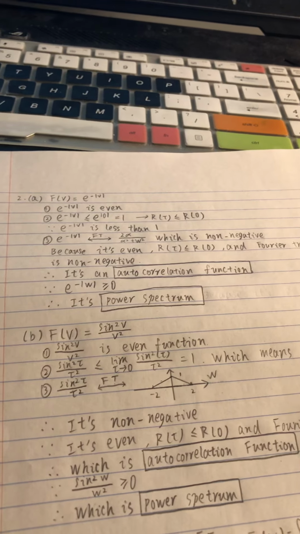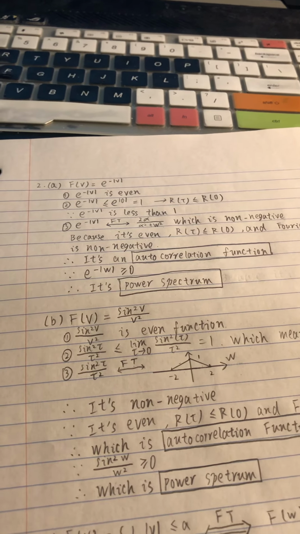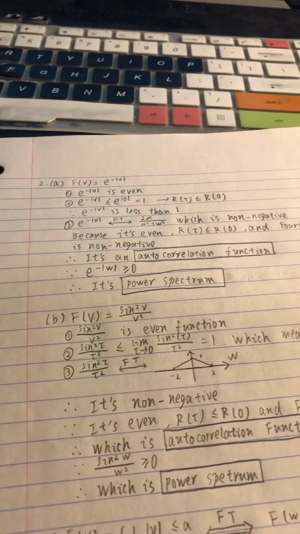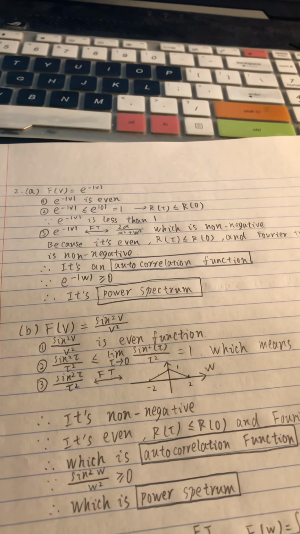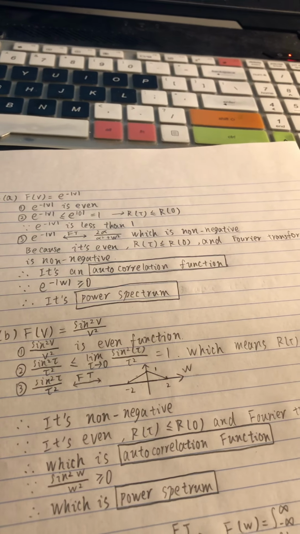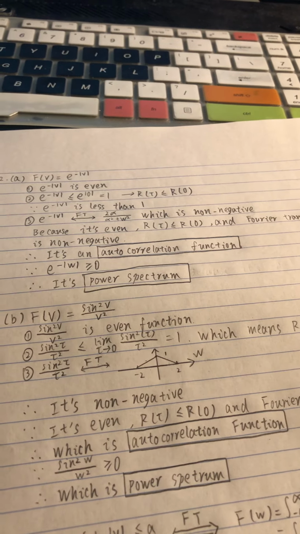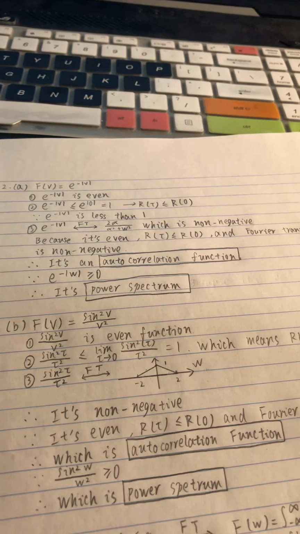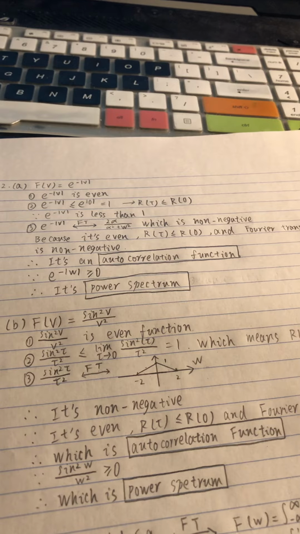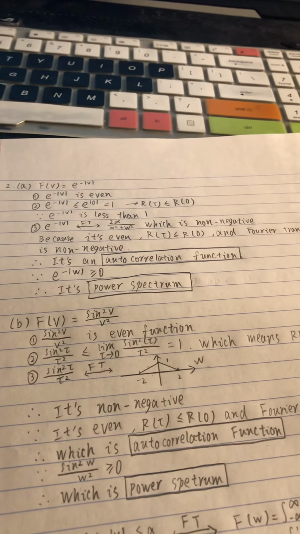So third, we can know the e to the power of negative absolute v, which by the Fourier transform process, we can see is equal to alpha over alpha squared plus w squared, which is non-negative.